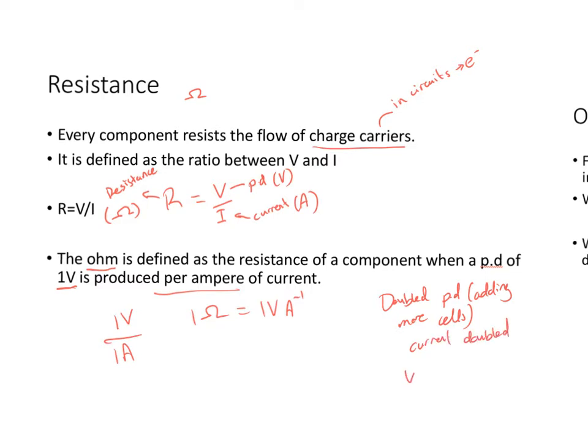So he came up with the idea that if potential difference is directly proportional to current, then there should be a constant. And that constant for that wire specifically was the resistance. And then the same connection was made for other components.